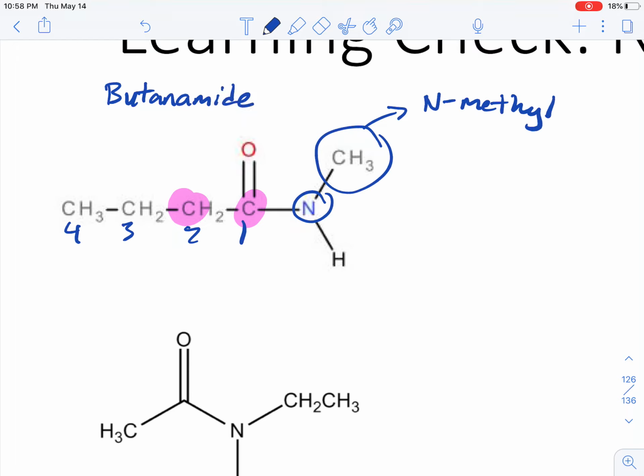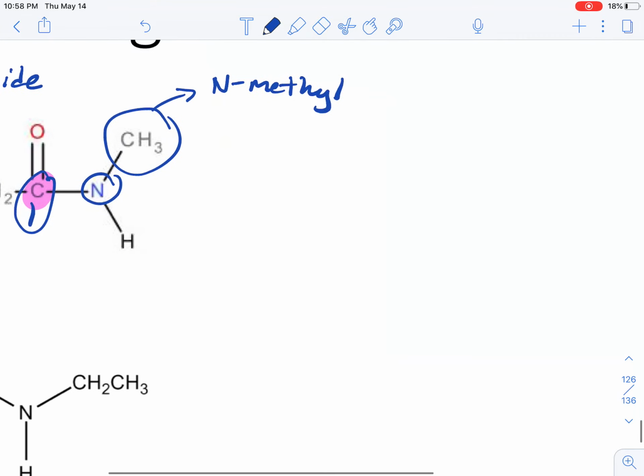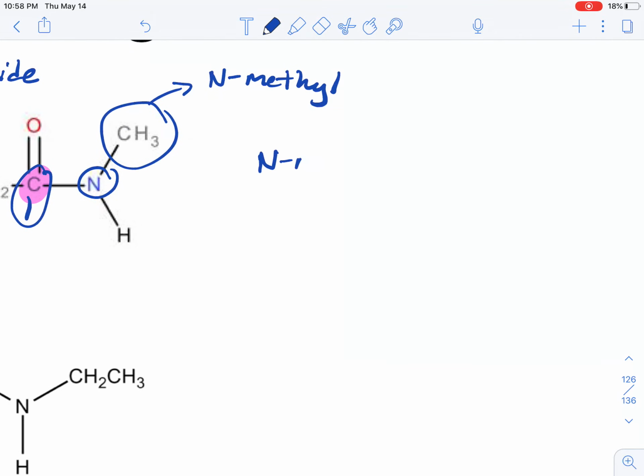So this is butanamide. Since this is carbon number 1, there's no point for me to put the 1 in the very front. And since I don't have any other substituent on my chain, my final answer is going to be N-methylbutanamide.